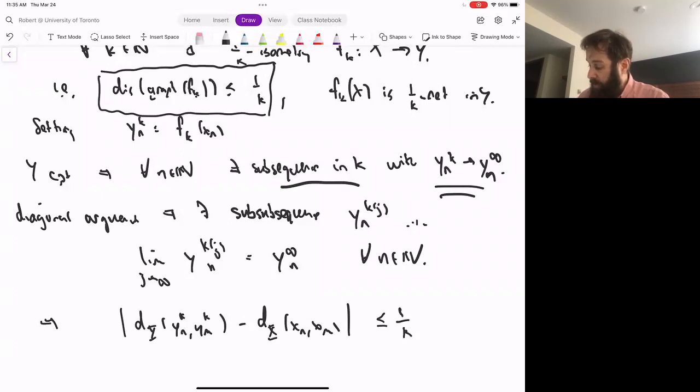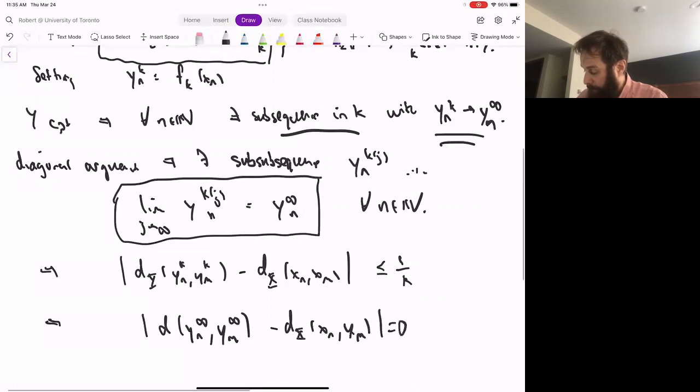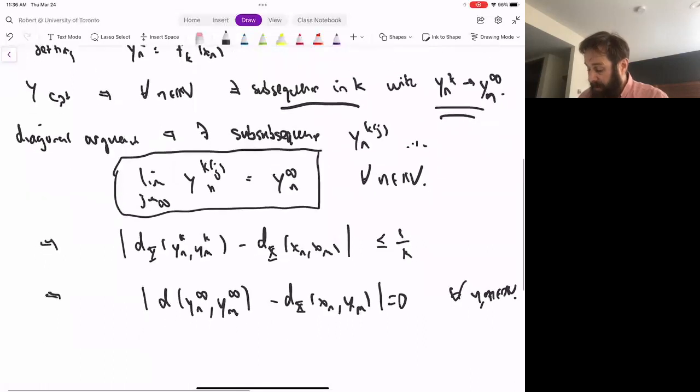Since this holds true for arbitrarily large k, I get that the distance between y_n^infinity and y_m^infinity is the same as the distance between x_n and x_m. And so basically what I've just done is set up an isometry.